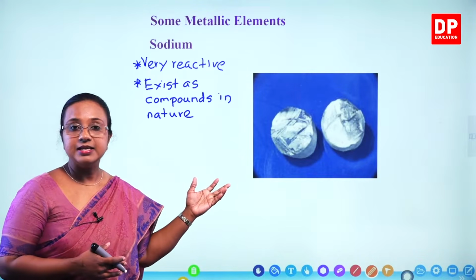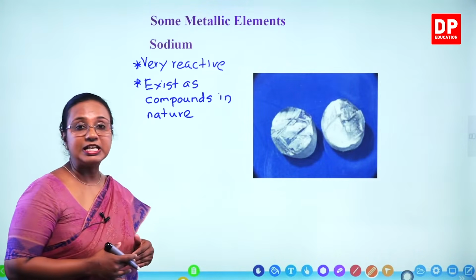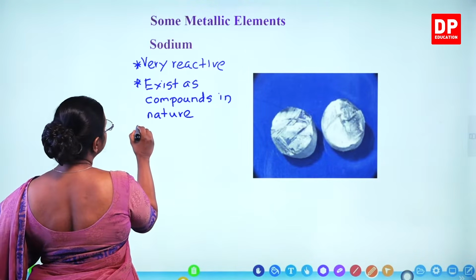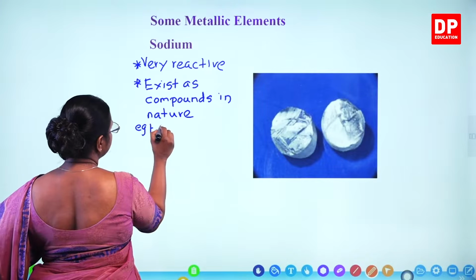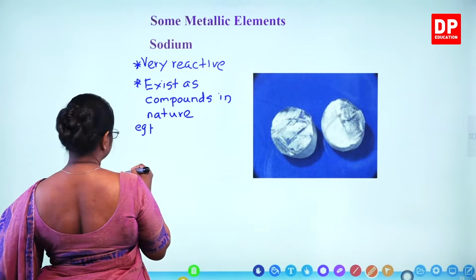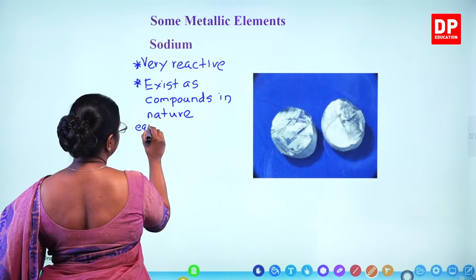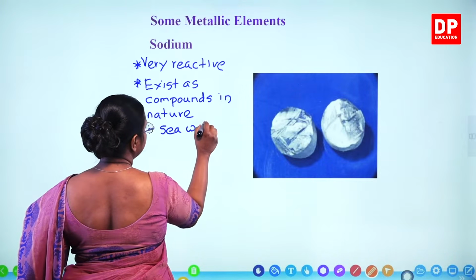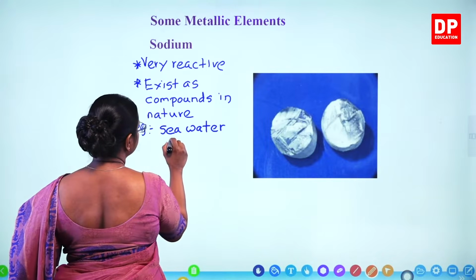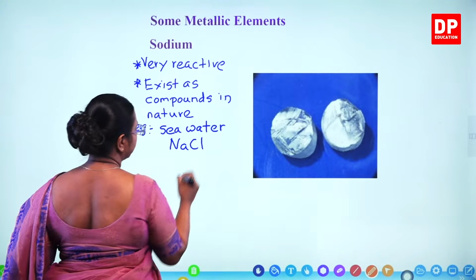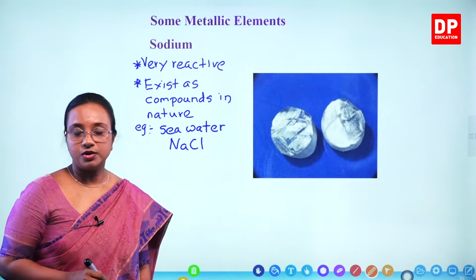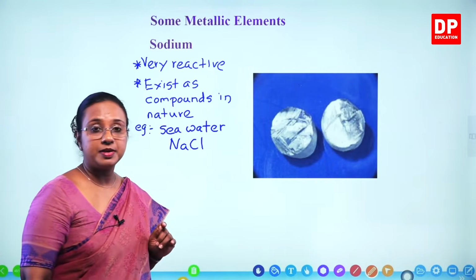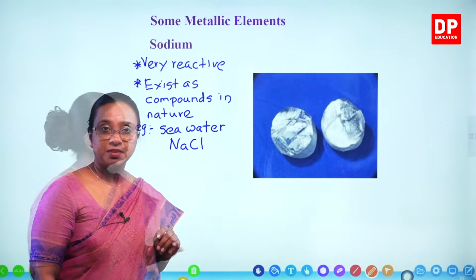That is an example of the naturally existing form of sodium. So as compounds, in seawater, we have sodium chloride. That is a salt.